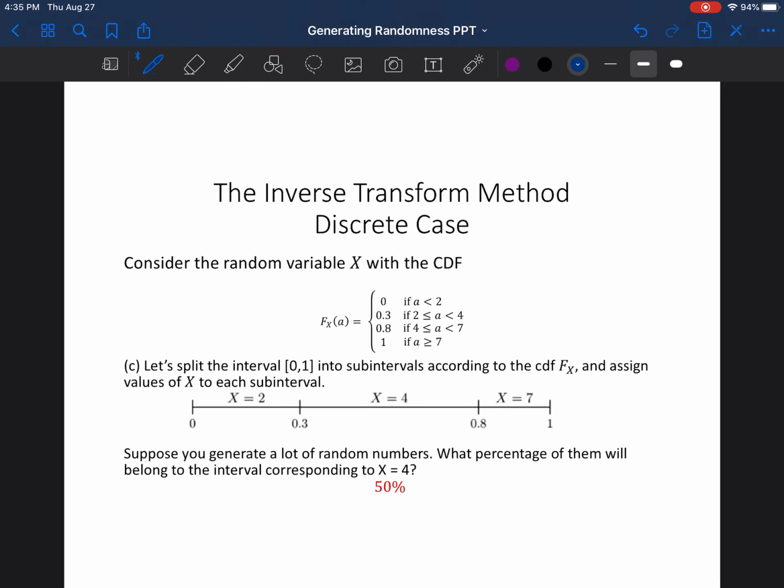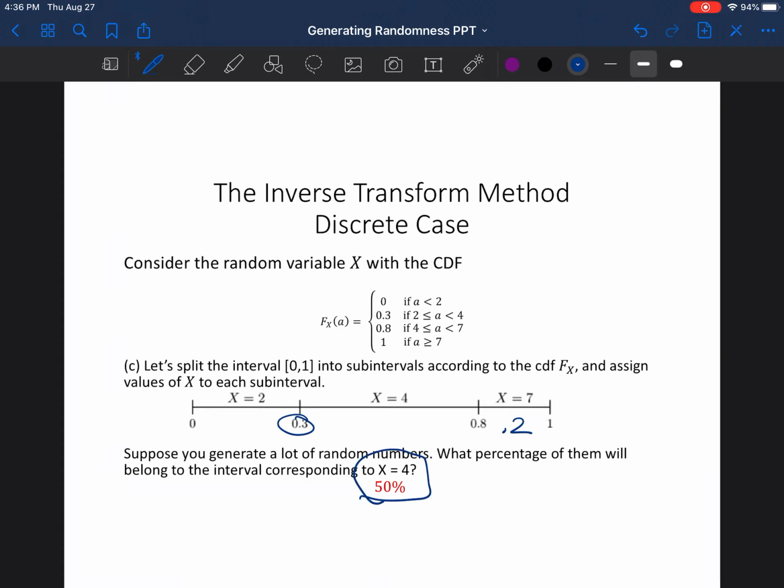Similarly, the probability that X is equal to 2 is 0.3, and the probability that X is equal to 7 is 0.2.